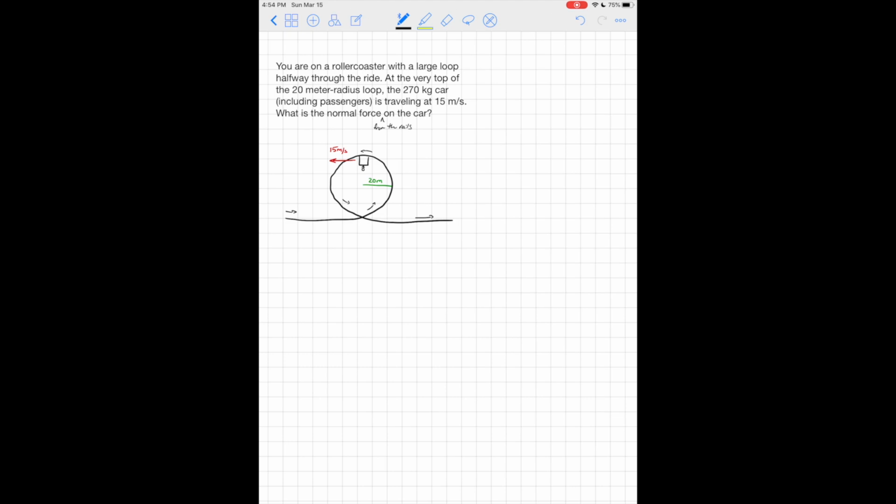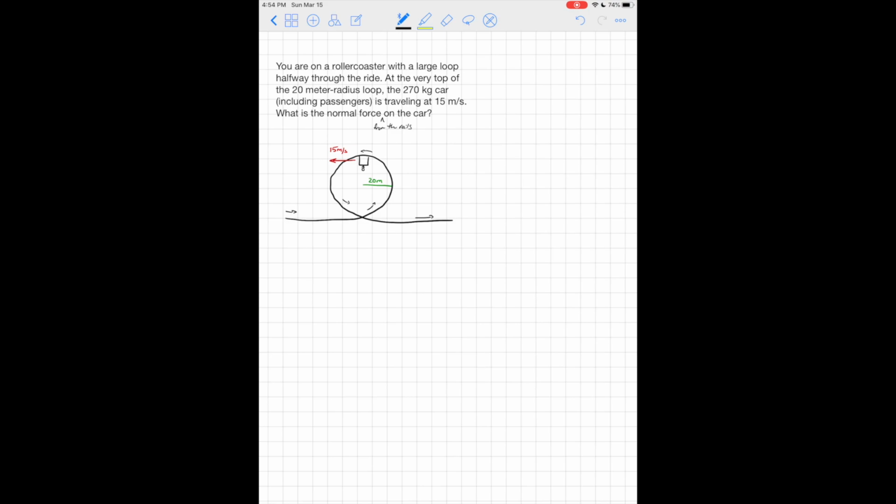We're right at the top of the loop. And I want to be very clear, if we zoom in, treating positive y as up, our rails are on top of our car here.